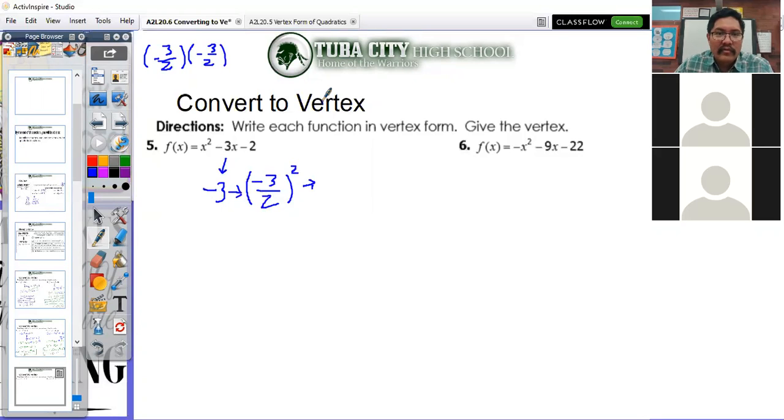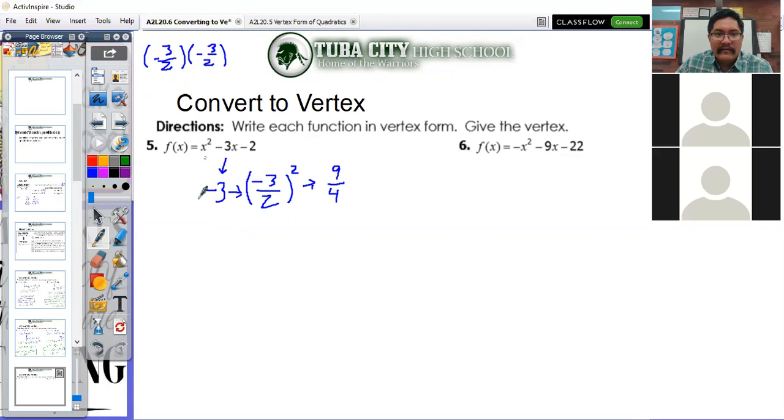And if you remember multiplying fractions, top number times top number. So in this case, -3 times -3 is +9. And multiply your two bottom numbers together. So we don't need to do any tricks with this one. So that's why I think I'm just going to leave it as a fraction. And I get 9/4 as my new b value.